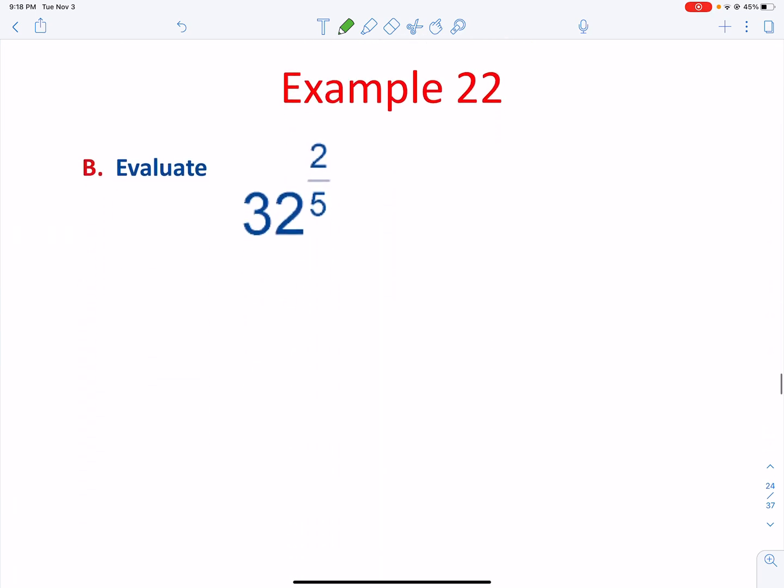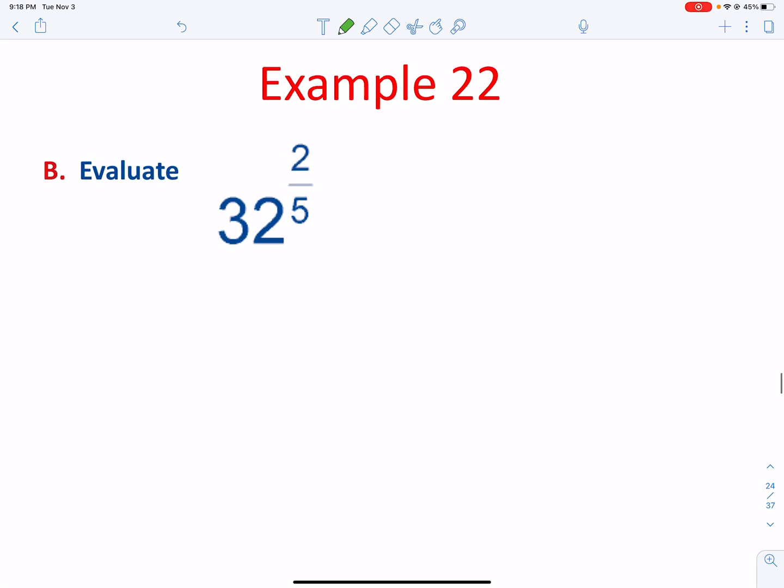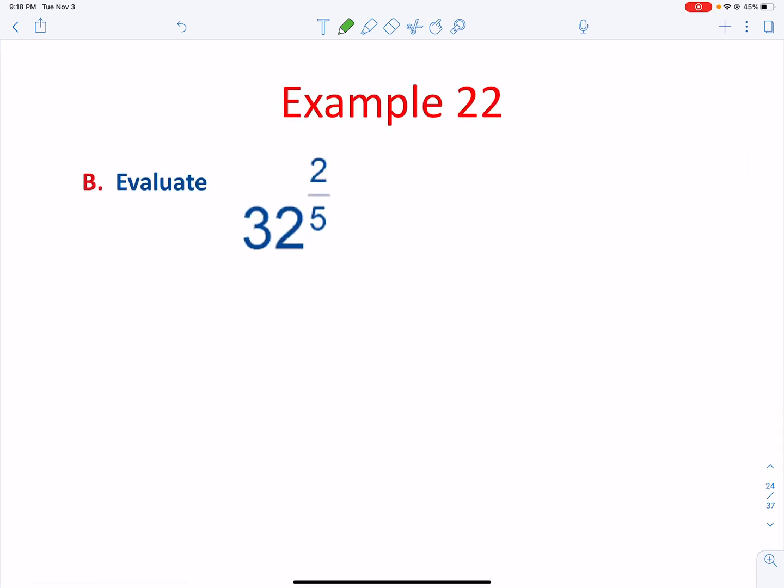So with this one, I don't expect you to know what 32 squared is, right? But you should be able to tell me the 5th root of 32. So I'm going to do this one first. The 5th root of 32 is actually 2.